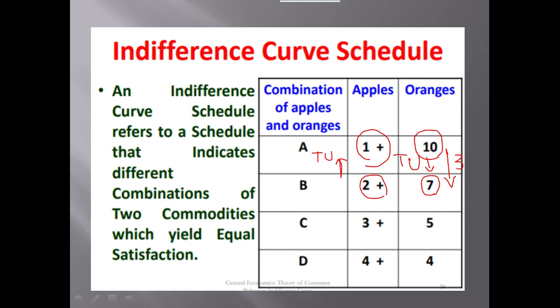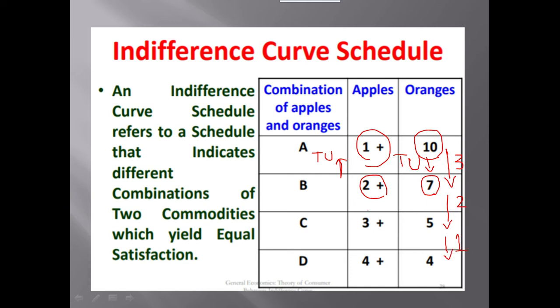As the quantity of apple increases, the individual is willing to give up fewer and fewer units of oranges. You can observe that to get the first unit of apple, the individual is willing to give up 3 oranges.